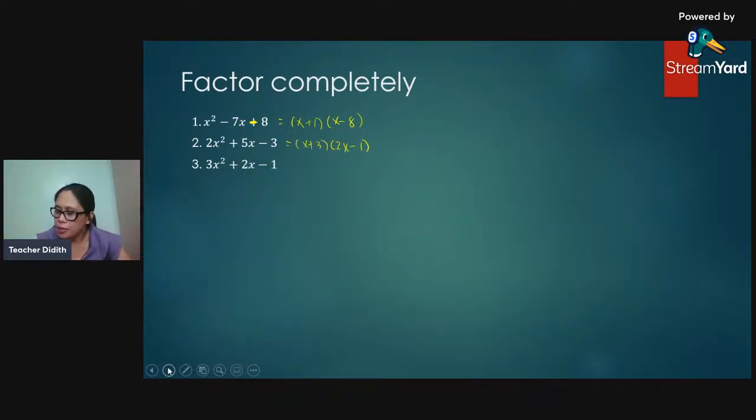Okay, number 3 na tayo, guys. Okay, Angelica has an answer. 3x minus 1, quantity x plus 1.